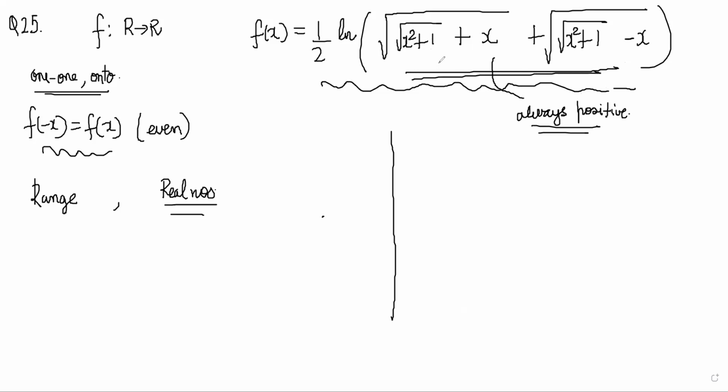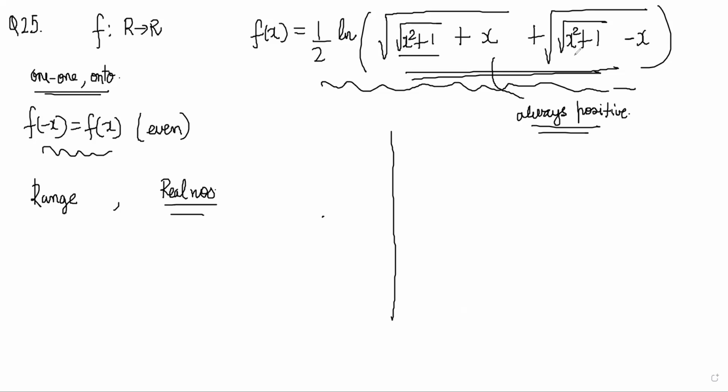That might not be true. Wait, is it always greater than 1? x square plus 1 is always greater than x, so root of x square plus 1 is always greater than x.